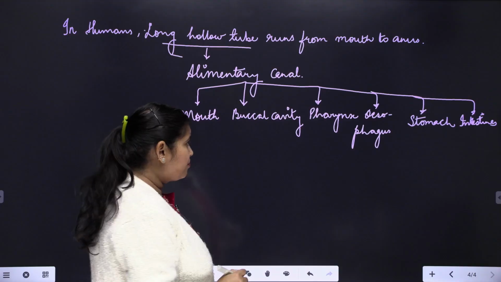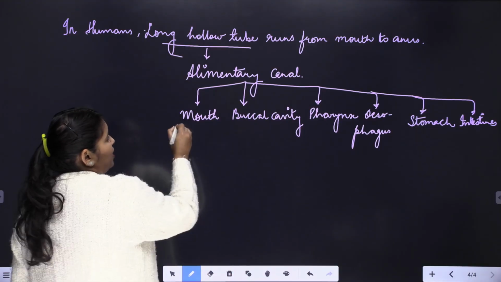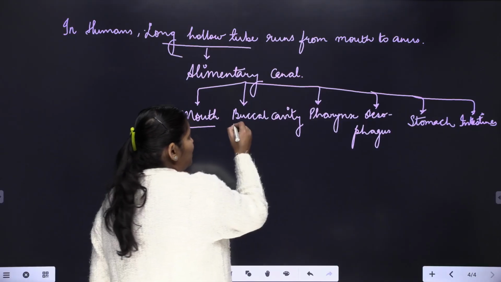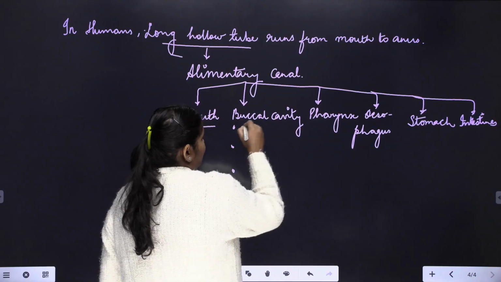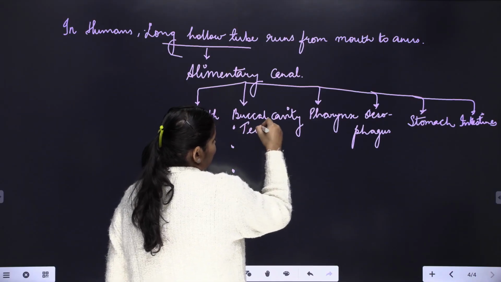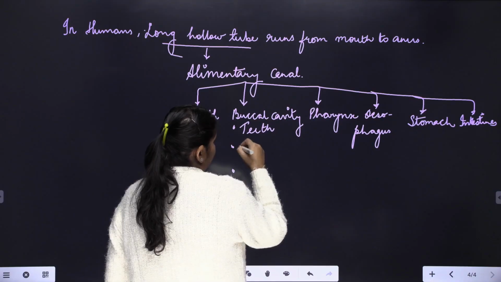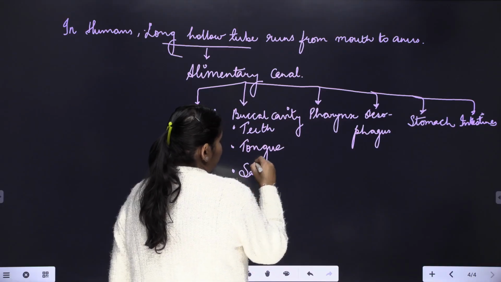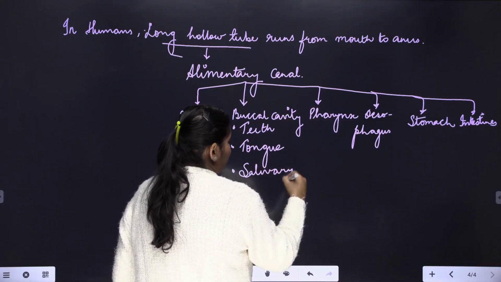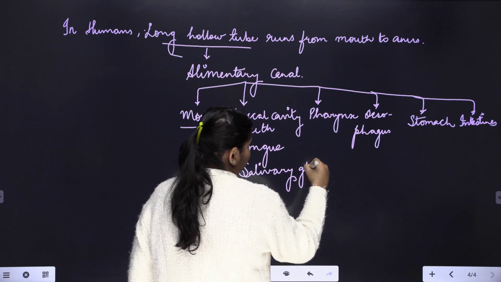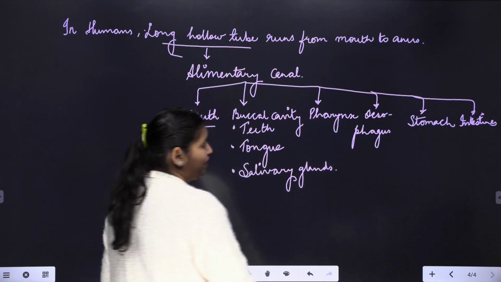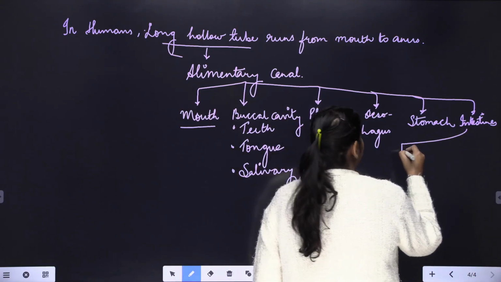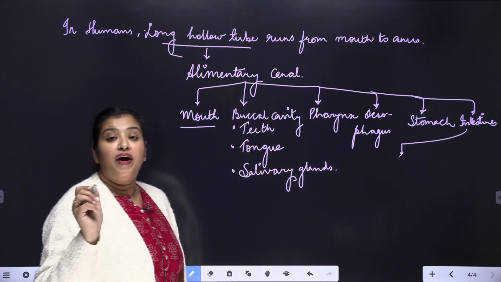All right. Now, mouth is a slit-like opening from where ingestion takes place. Buccal cavity has 3 structures. Buccal cavity has the teeth, the tongue, and the salivary gland. All right. And then when I talk about pharynx, pharynx is the common passage for air and water.